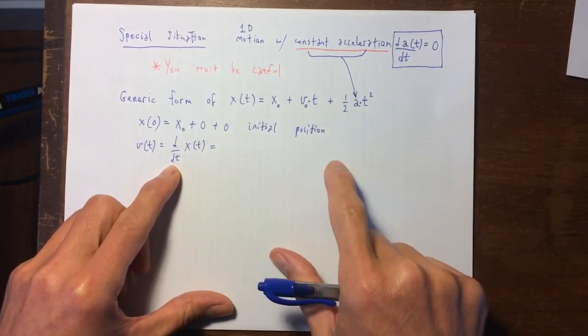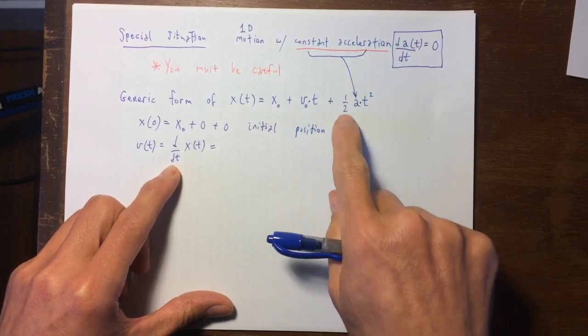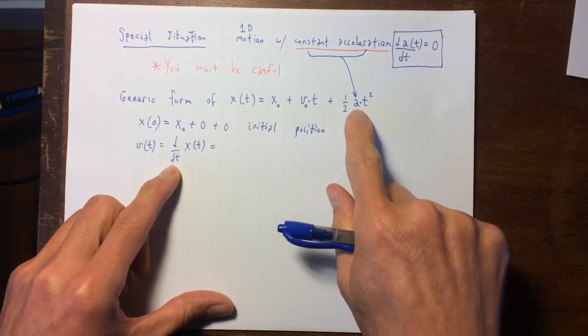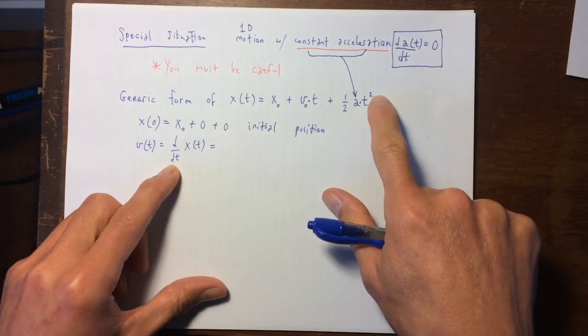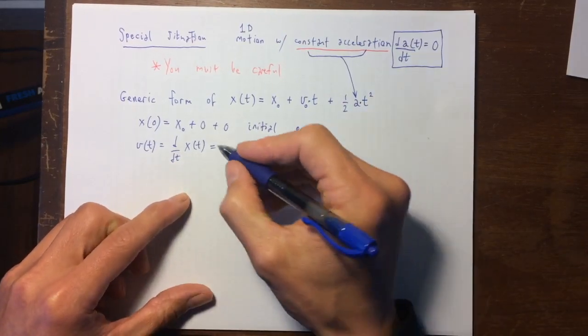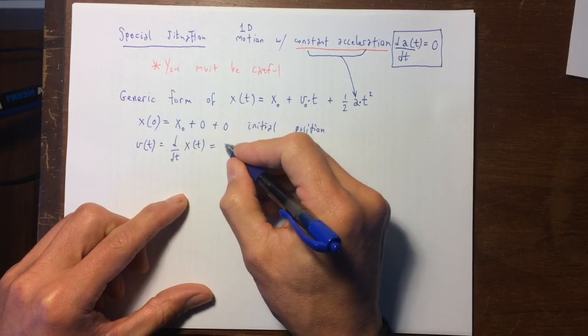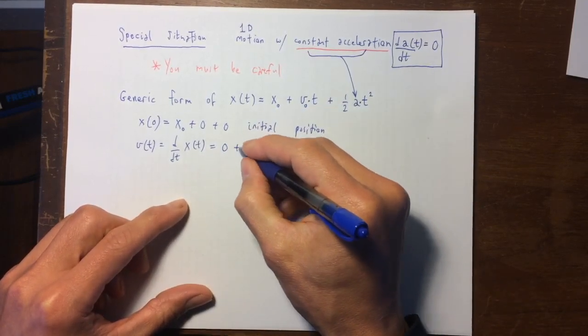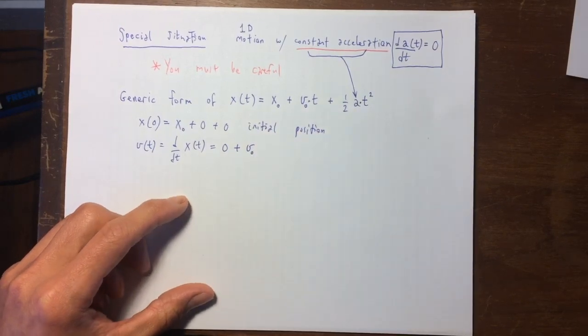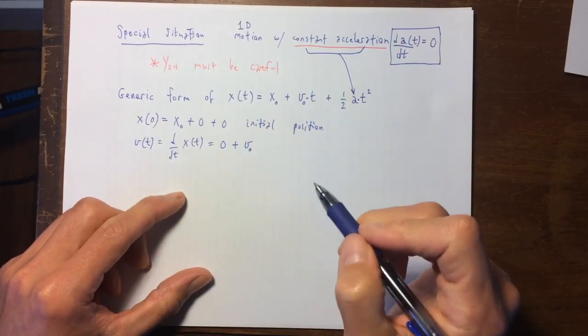And the third term is 1/2 times a, which is a constant, times t raised to the second power. And when you take the time derivative, the first term is a 0. The time derivative of the second term is just v naught. The t goes away.